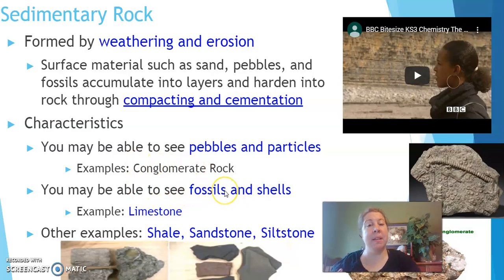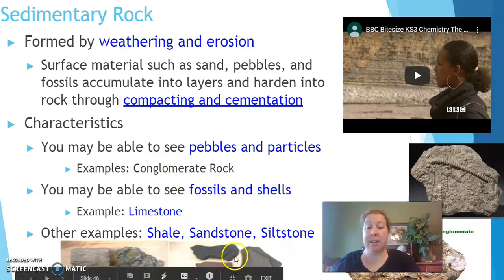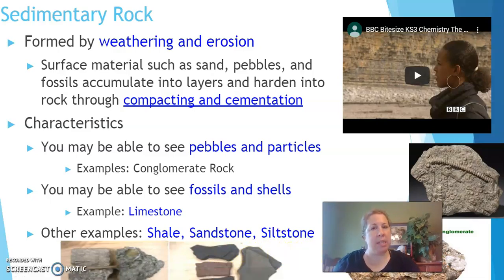Other examples are limestone and shale, which is not a conglomerate rock. See how shale is smooth, and you don't see a bunch of the different pebbles and parts of it. It looks like it's just one type of rock, but actually shale is really kind of cool as far as rocks go. And you can peel layers of shale off, kind of like you're peeling off nail polish, frankly.